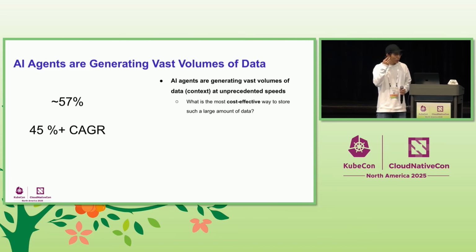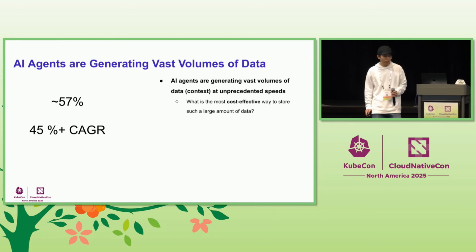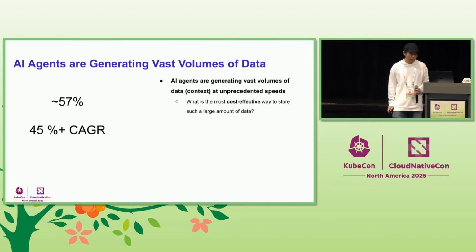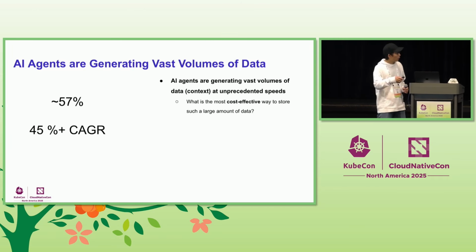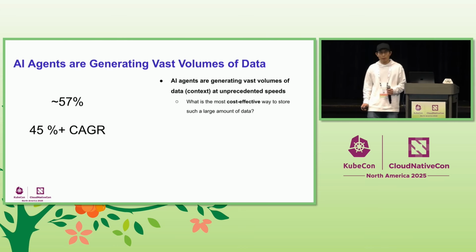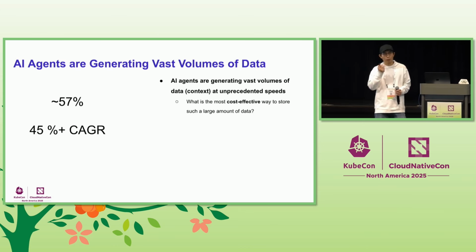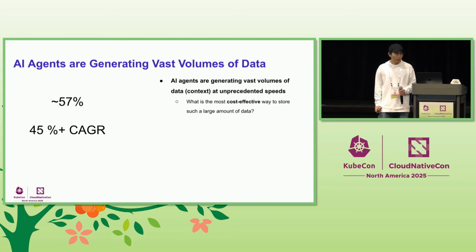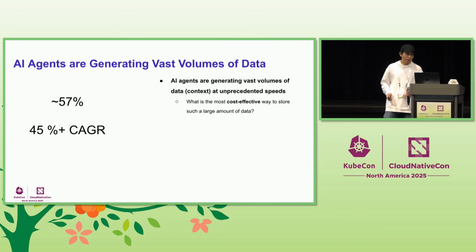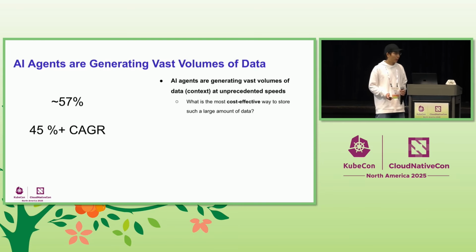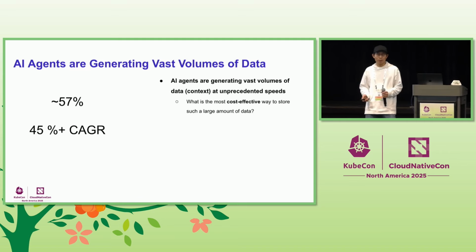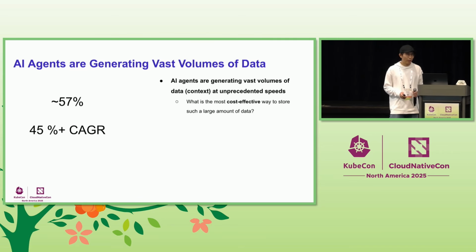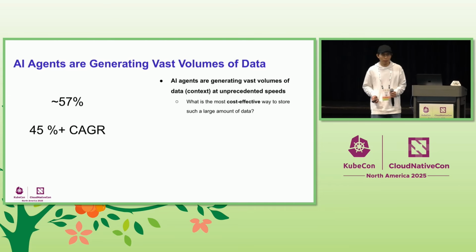The second challenge we can see is that AI agents are generating vast volumes of data at unprecedented speed. There are two numbers. The first number is 57%. This is a recent report that 57% of newly generated data is generated by AI agents, not by humans, and this number is becoming larger and larger.